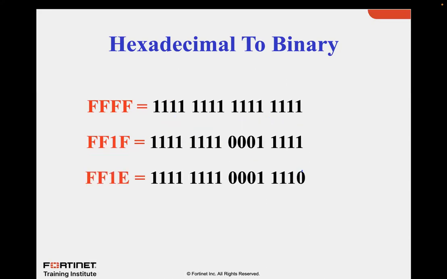If I was to change this into a value of 14 instead of 15, this would be F for a value of 15, F for a value of 15, 1 for a value of 1 in the ones column, no zeros, and then 8 and 4 and 2 gives me 14, which is a hexadecimal E, which is what you have here, FF1E.